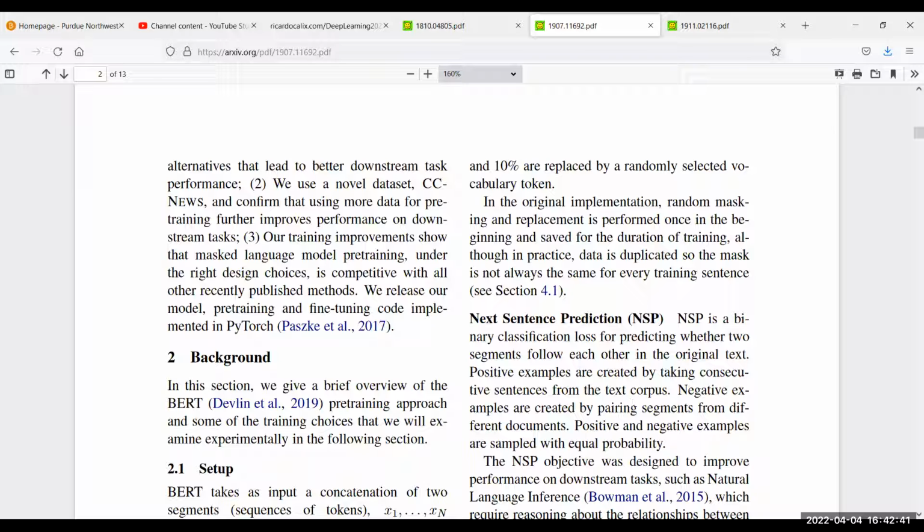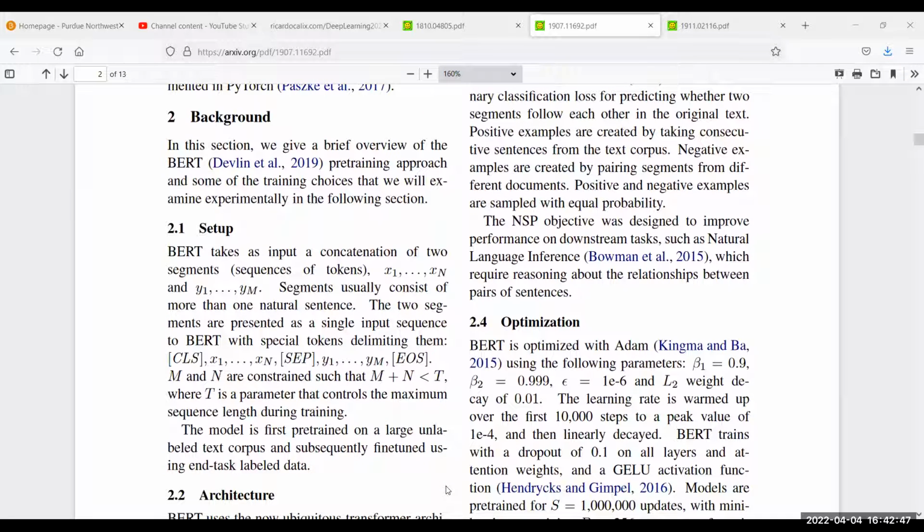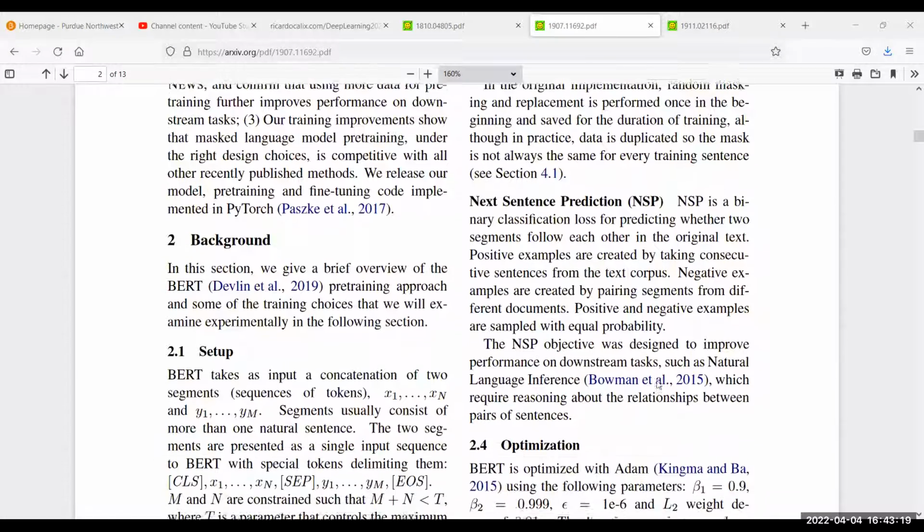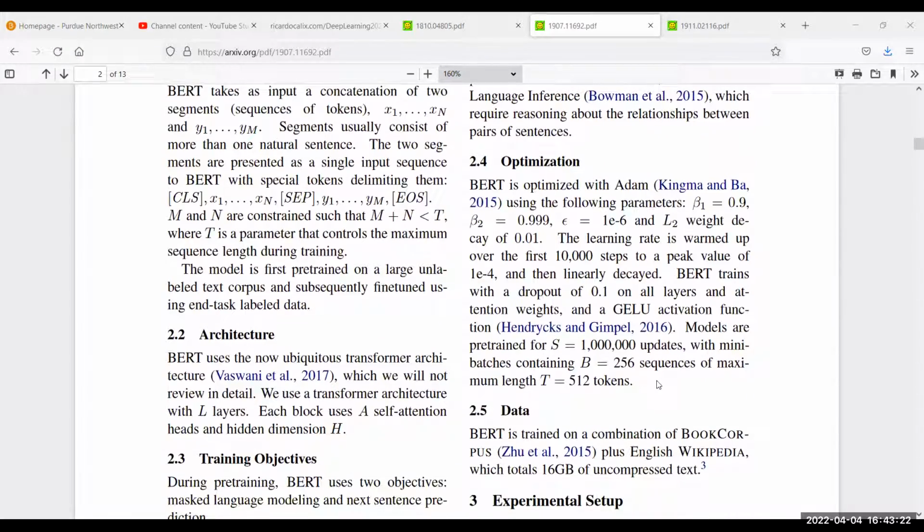Here they just talk about the background, so we've talked about that already. No need to repeat that. So this is all the background that we've talked about.